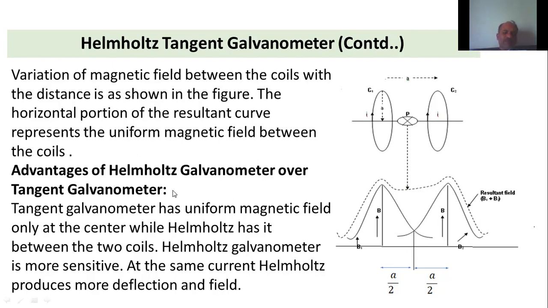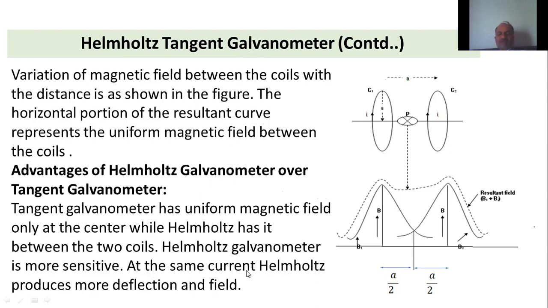Then, what are the advantages of Helmholtz tangent galvanometer over tangent galvanometer? The tangent galvanometer has uniform magnetic field only at the center, while Helmholtz has it in between the two coils, and the Helmholtz galvanometer is more sensitive.